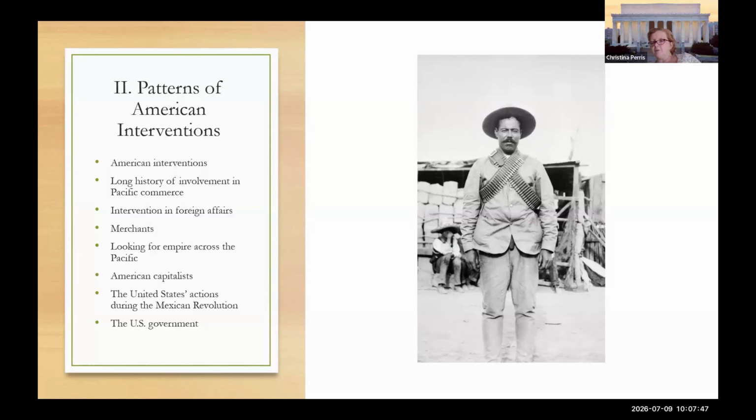Villa and several hundred supporters attacked American interests and raided the town of Columbus, New Mexico in March 1916, and killed over a dozen soldiers and civilians.